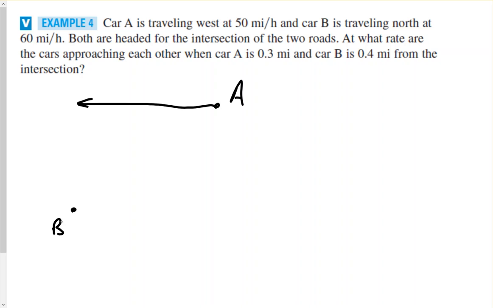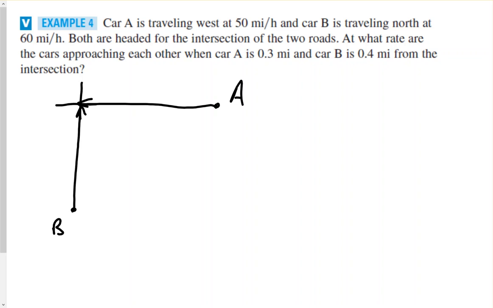Okay, here's B, traveling north. Both are headed for the intersection. So here's the intersection of the two roads. At what rate are the cars approaching each other when car A is 0.3 miles and car B is 0.4 miles from the intersection?